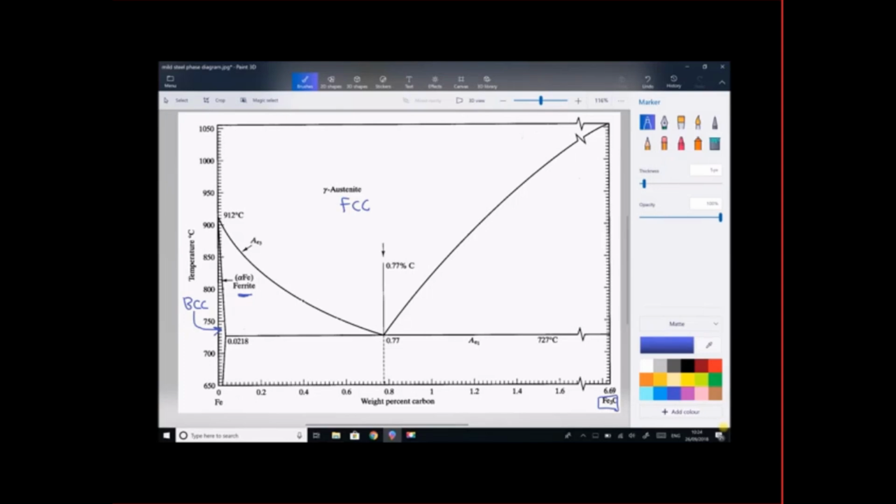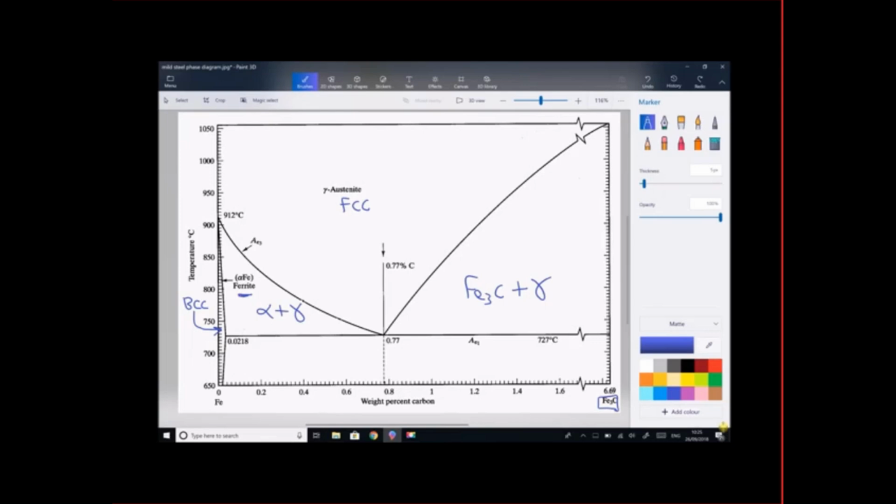In terms of our other regions, we have alpha plus gamma, which is a mixture of alpha iron, BCC, and gamma austenite, FCC. We also have a region which is cementite, Fe3C plus gamma.